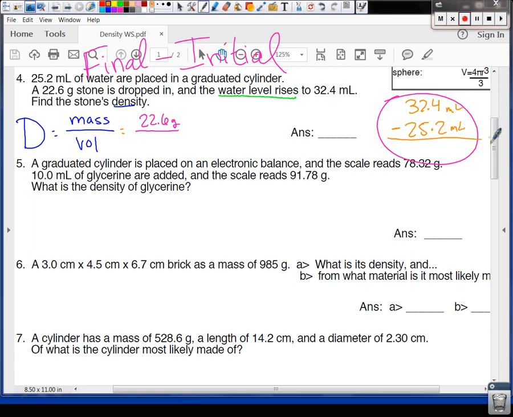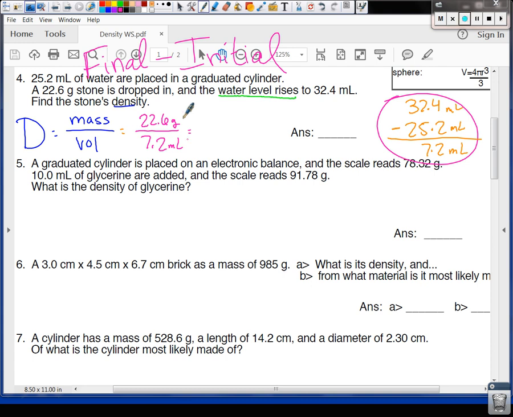And so what do we get? 7.2 milliliters. Now can we plug it in? Yes. Okay. So take your calculator, plug that in, and write down your hypothesized answer with correct significant figures.